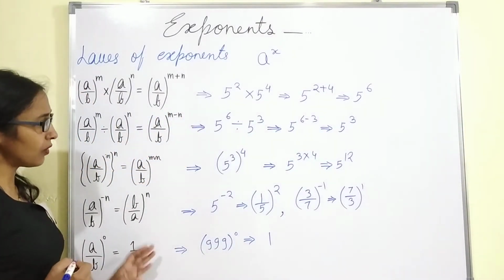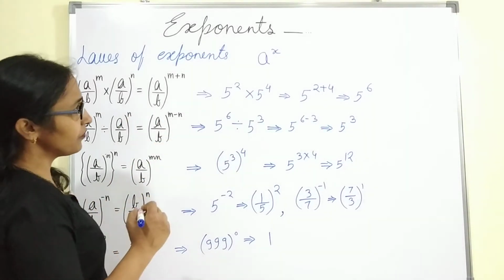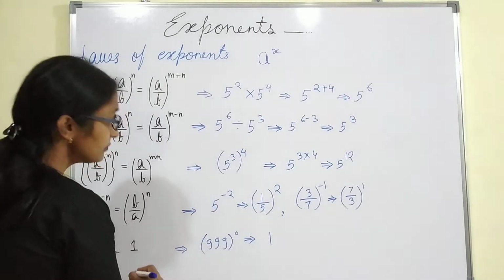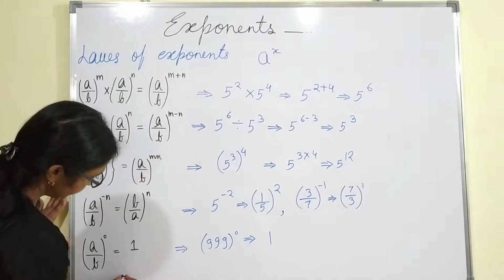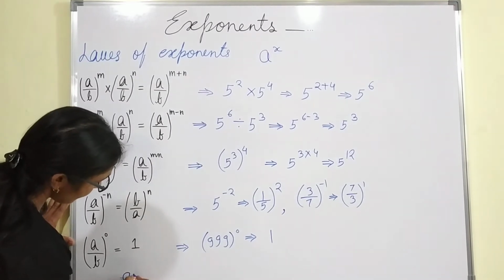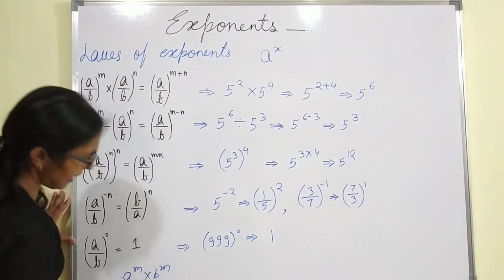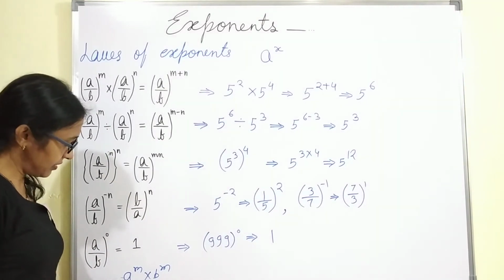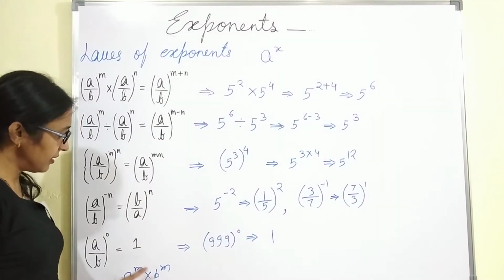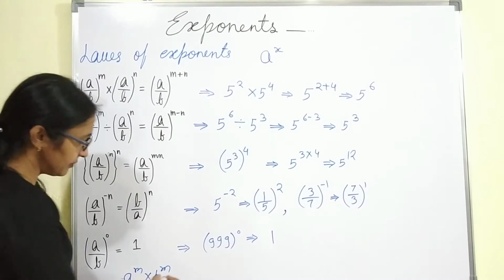Now one more thing here. One example, I am writing here: a power m into b power m. Look here, the bases are different but the powers are the same. The power is the same in both.